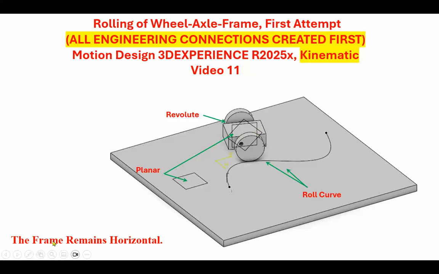What I do need to make, among other ways of doing the problem, is a planar joint between the top face of this frame and a particular plane that is at the same height made in this rectangular base. Okay, there are other ways of doing it. So what I'm saying here is that here I will make a planar joint between the top face and a plane that is at the same height as the top face of the frame.